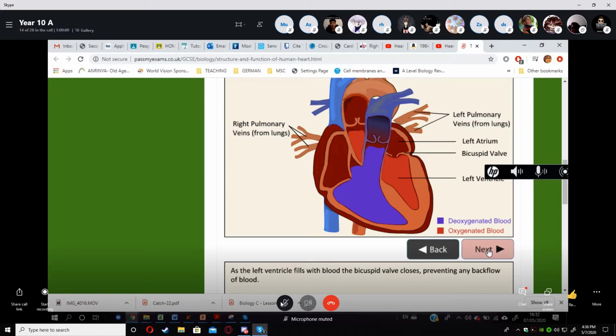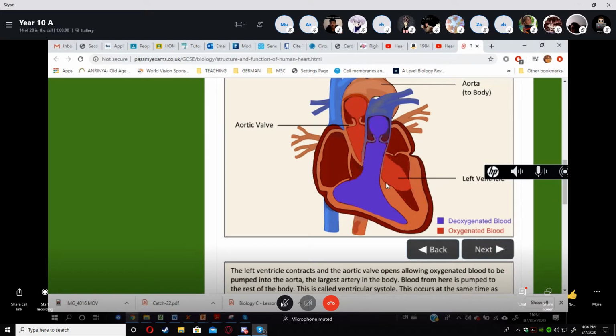As the left ventricle is filled with blood, the bicuspid valve closes, preventing any backflow of blood. Then the ventricle contracts, the aortic valve opens, and the pulmonary valve also opens, but now we are just doing one at a time, allowing oxygenated blood to be pumped into the aorta, the largest artery in the body.